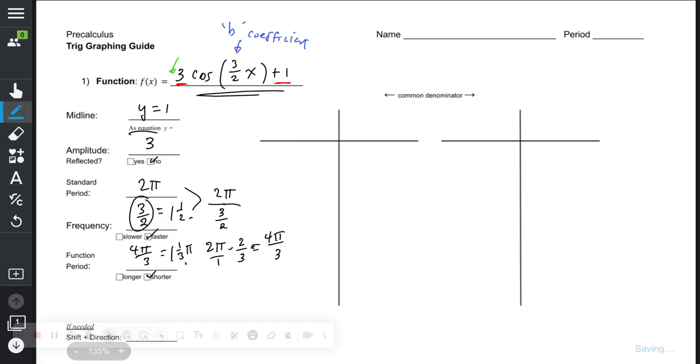All right. So this is going to be our parent table, and this is going to be our transform table. Parent is x and y, but y, which is the same as f of x, is your basic cosine trig function. And here are the x's that we're going to use. These are standard.